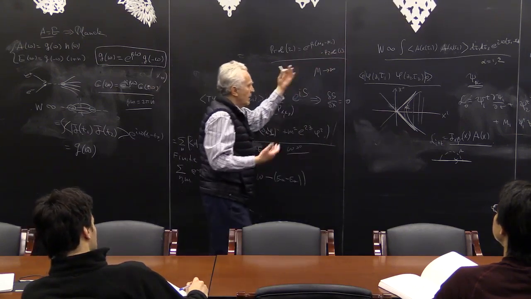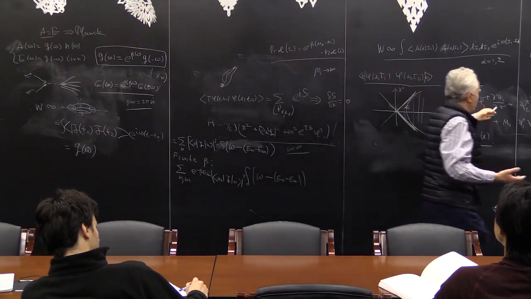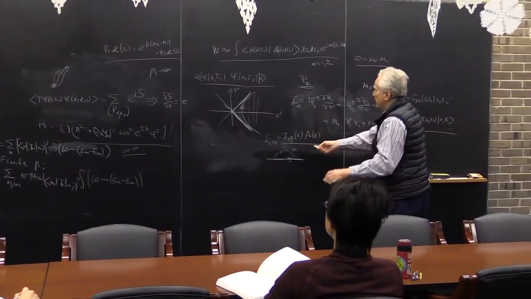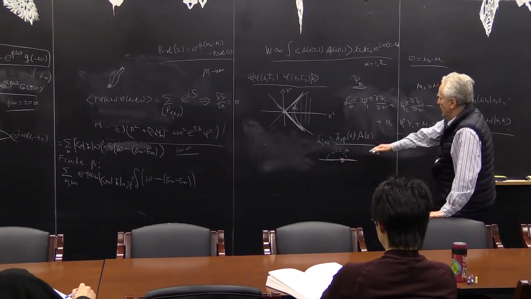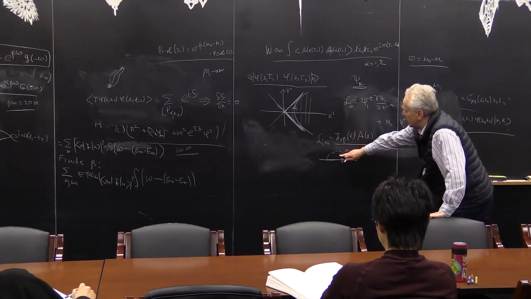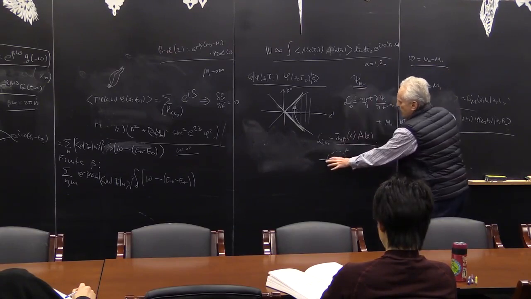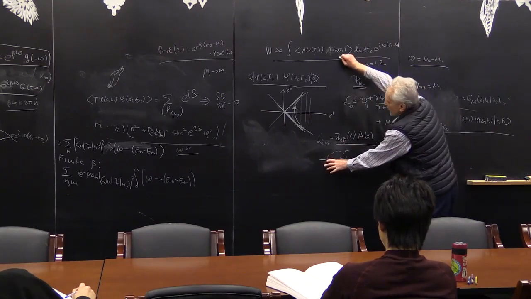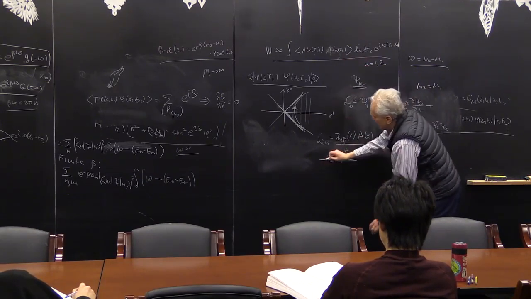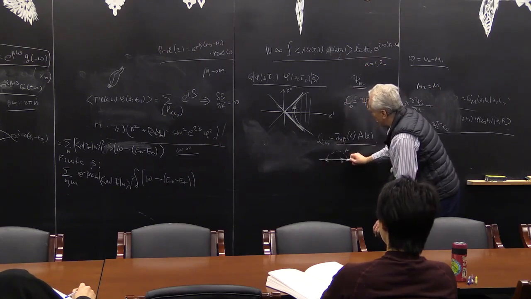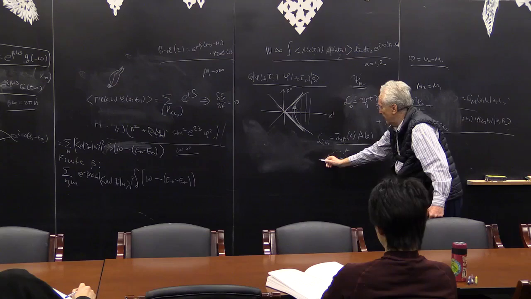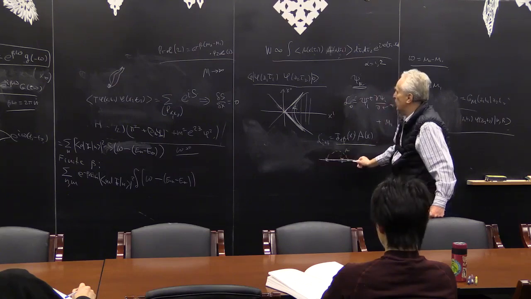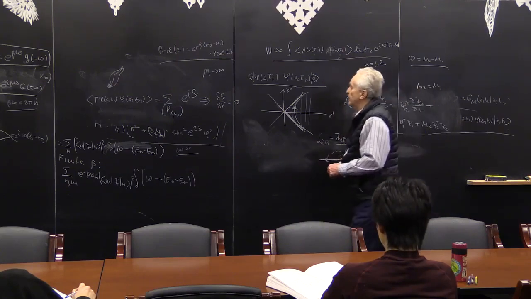I don't have time to go into the detailed calculation, but it is basically the same calculation we did last time. It's basically the calculation of this diagram. You see where this thing comes from. These are the ends of this A propagator, and this line corresponds to a hyperbolic trajectory.